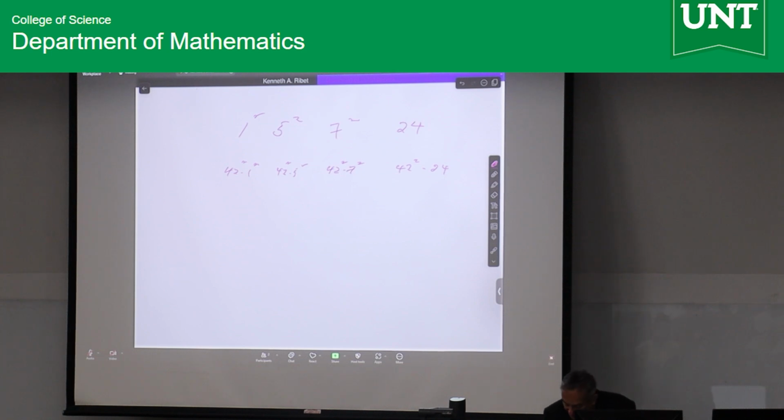Now I want to do something a little bit different, kind of back formation, I call it. What we'll do is we'll take 1/2 squared and 5/2 squared and 7/2 squared.